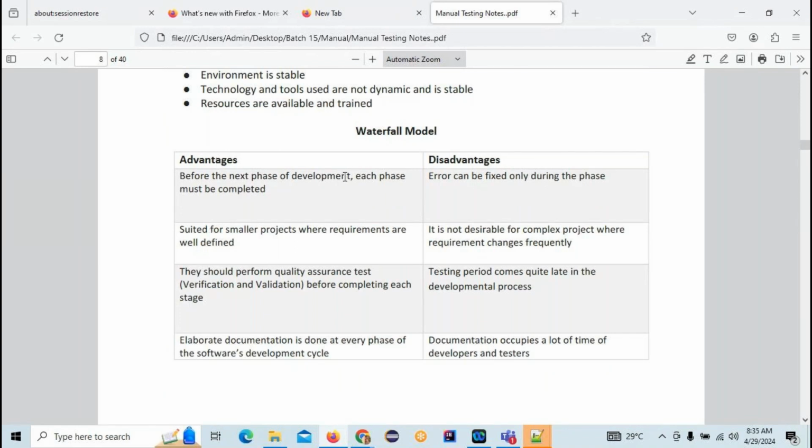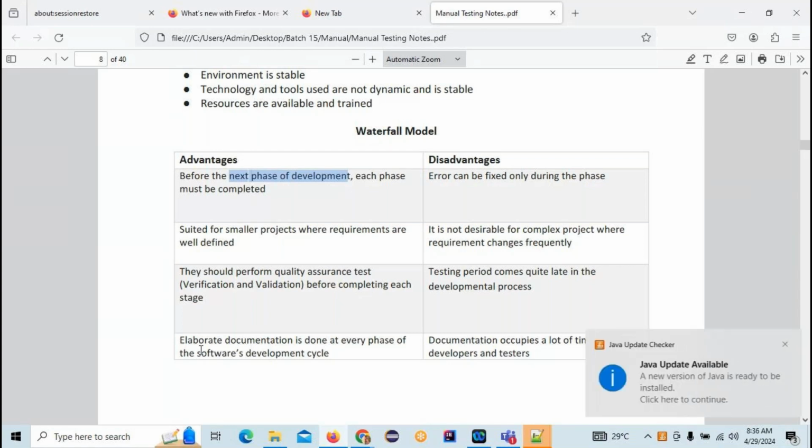Before the next phase of development, each phase must be completed. Otherwise, we are not able to make changes. The phases are requirement analysis, feasibility study, design, coding, and testing. Each phase must be completed. It is suited only for small projects when the requirements are well defined. They should perform quality assurance tests before completing each stage, and elaborate documentation is done at every phase of the software development lifecycle.